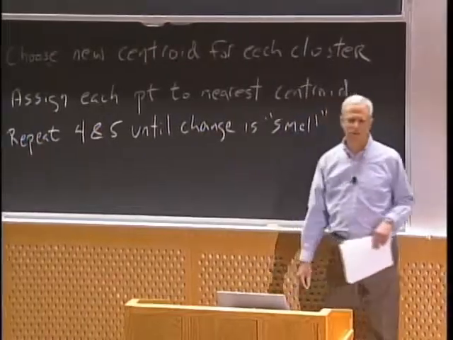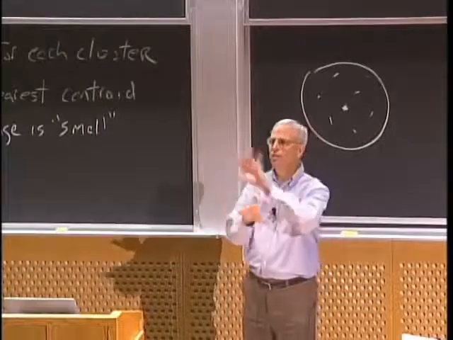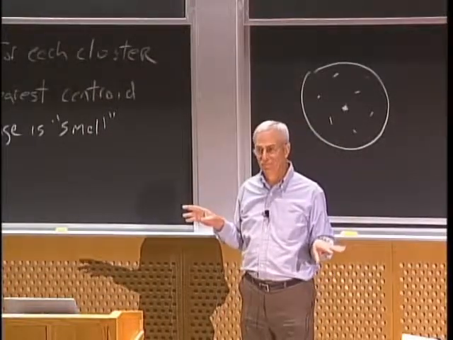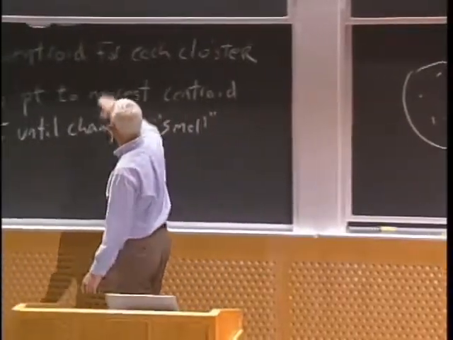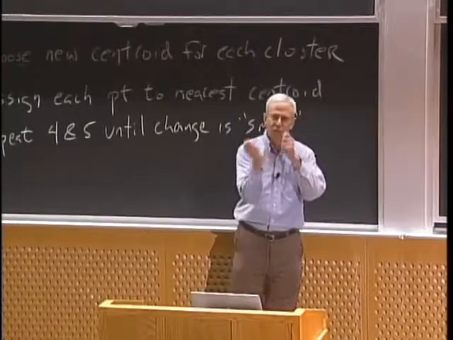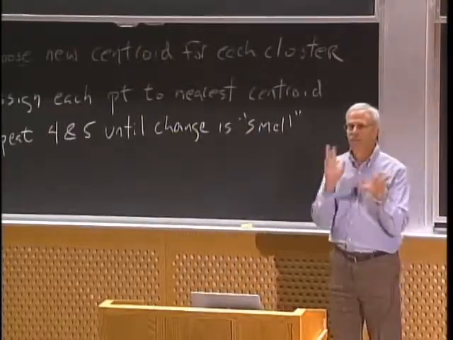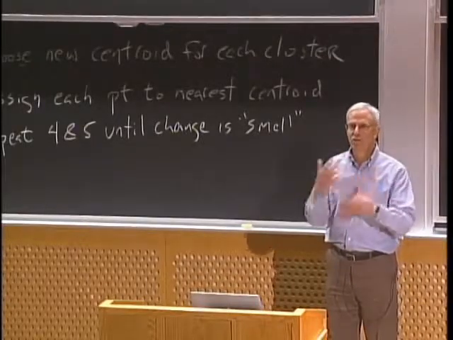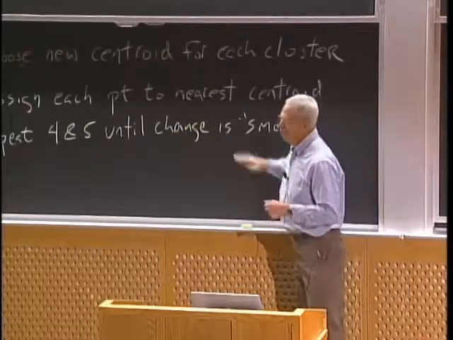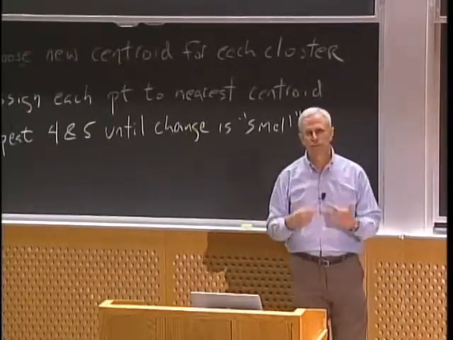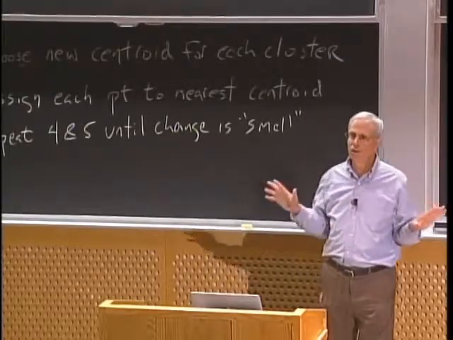So each time I do step 5, I can keep track of how many points I've moved from one cluster to another. Or each time I do step 4, I can say, how much have I moved the centroids? Each of those gives me a measure of how much change the new iteration has produced. When I get to the point where the iterations are not making much of a change, and we'll see what we might mean by that, we stop and say, OK, we now have a good clustering.